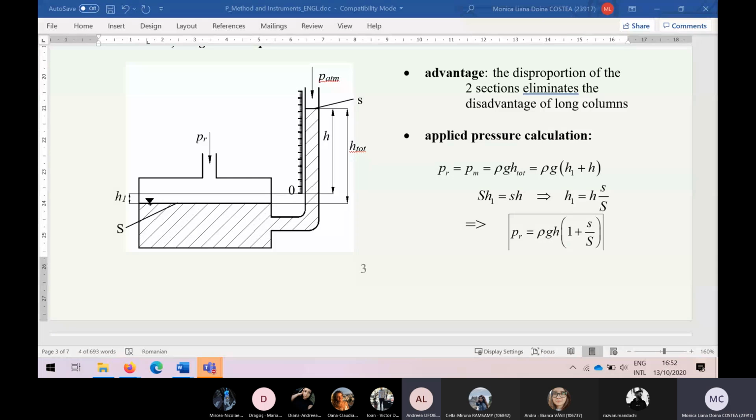Yes. Okay. It's the same. It's the same what? Manometer or vacuumeter? This was the question. The one on the left.